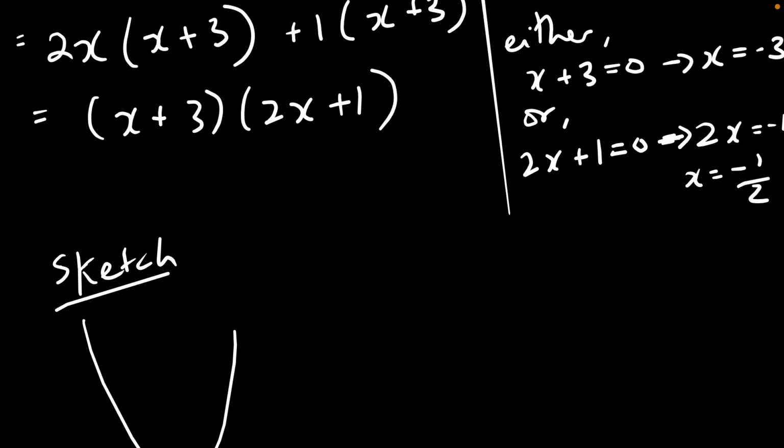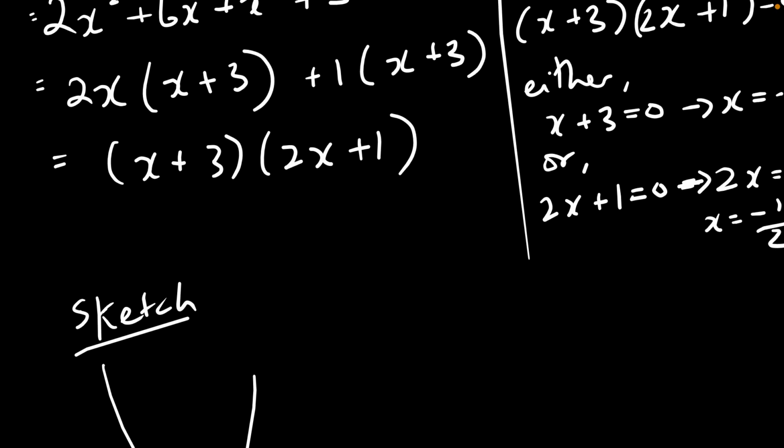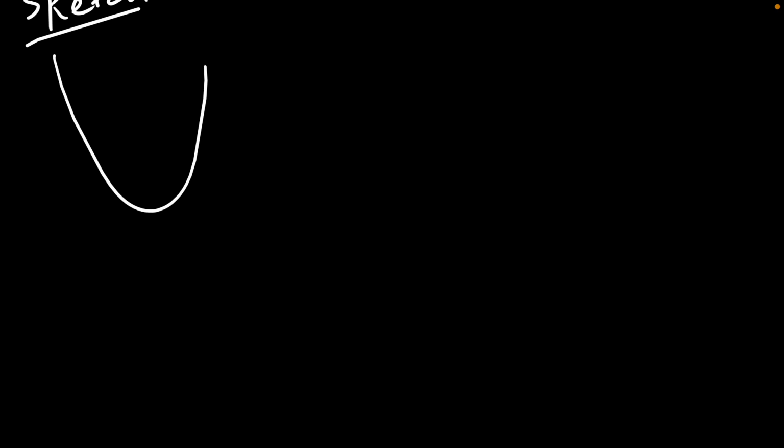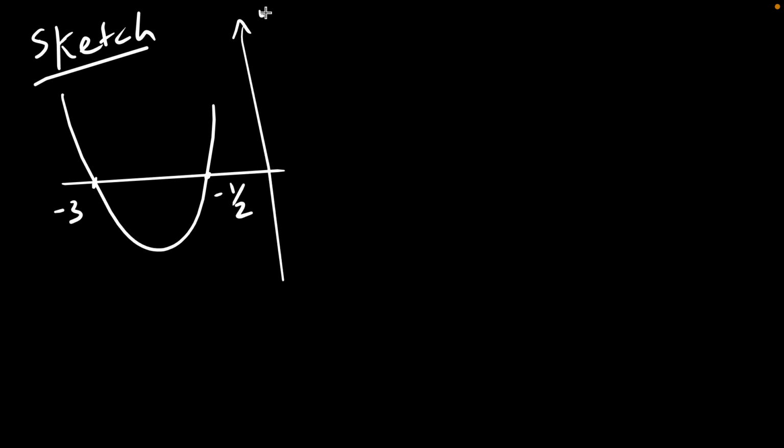Negative half and negative 3. So this is my negative 3. This is my negative half. And I can just put my y-axis here, my x-axis here, right?